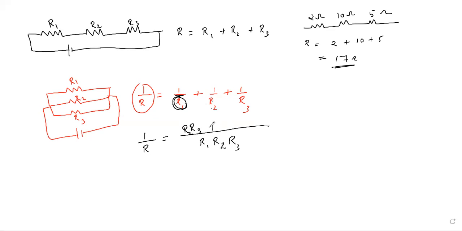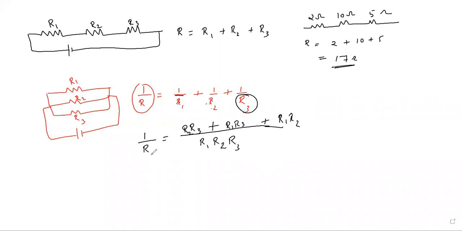In the second term, R2 is there, so multiply the remaining terms, R1 and R3. So here R1 into R3. How do we get the third term? In the third term it is R3, and R1 and R2 are not there, so multiply R1 and R2. Clear?